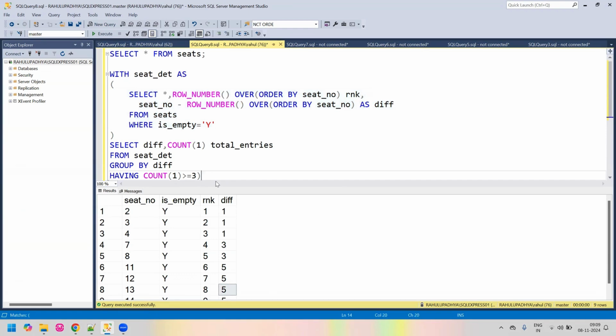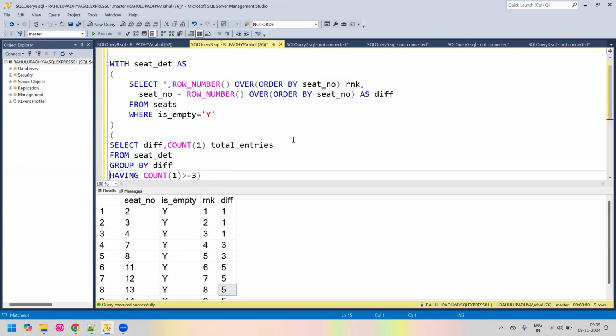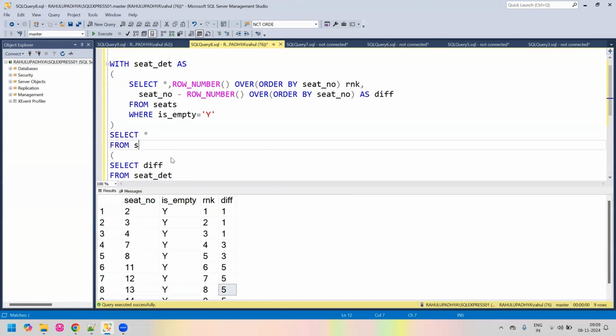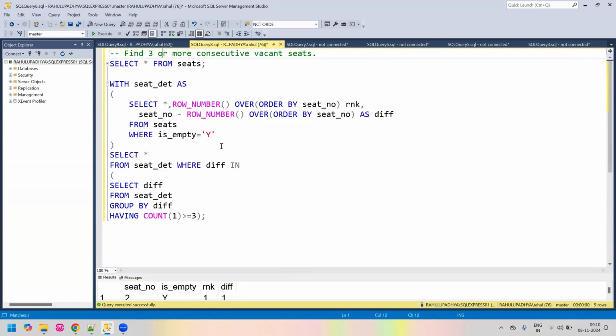So we simply need to add it as part of a subquery. We will keep only the difference here and we will get the details from this seat DET where the difference is in this, whatever we have identified where the count is greater than or equal to 3. We will keep only those entries.